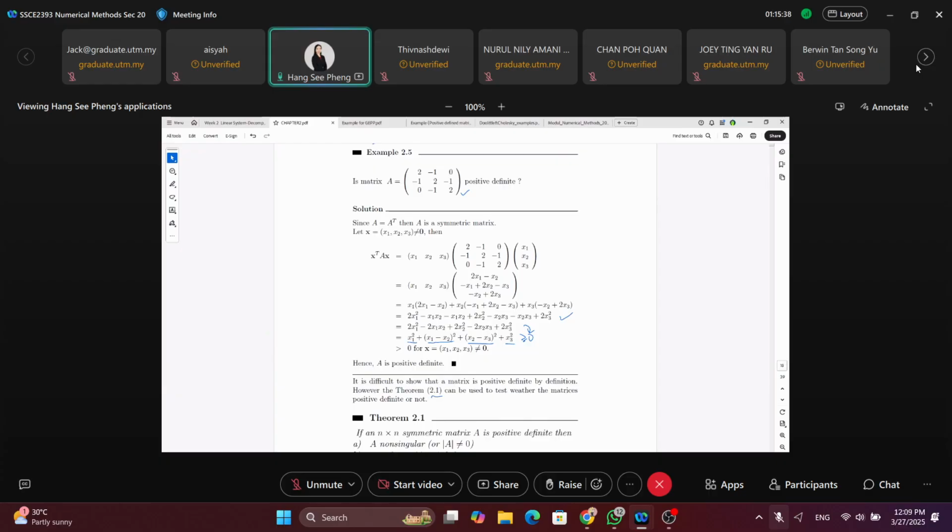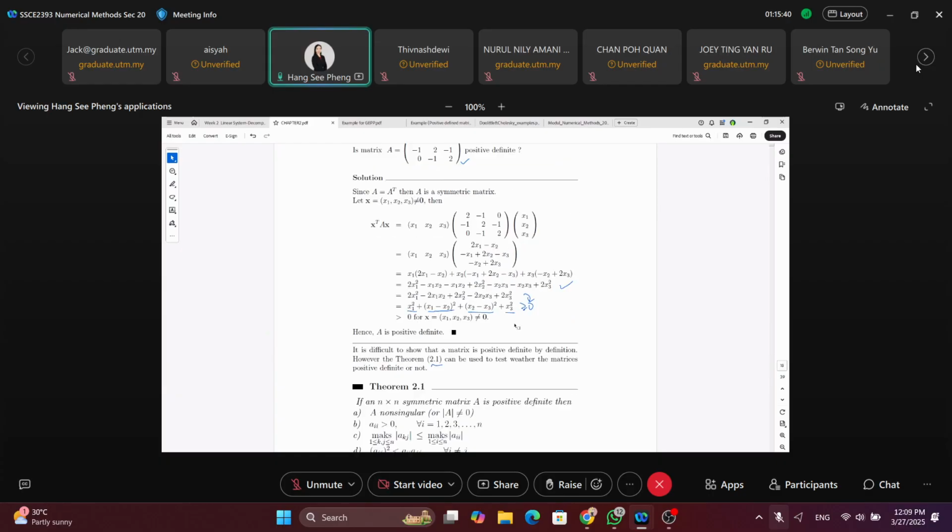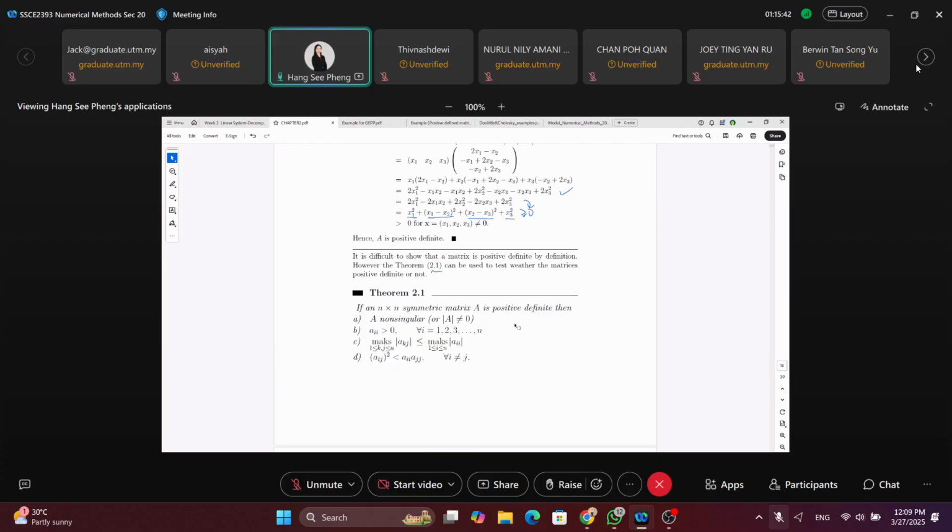Since it is difficult to show that the matrix is positive definite by definition, we can choose another alternative. Normally I encourage you to use Theorem 2.1 to prove that the matrix is positive definite. First of all, you look at the matrix. If it is a symmetric matrix, then you can proceed to do the testing based on Theorem 2.1.